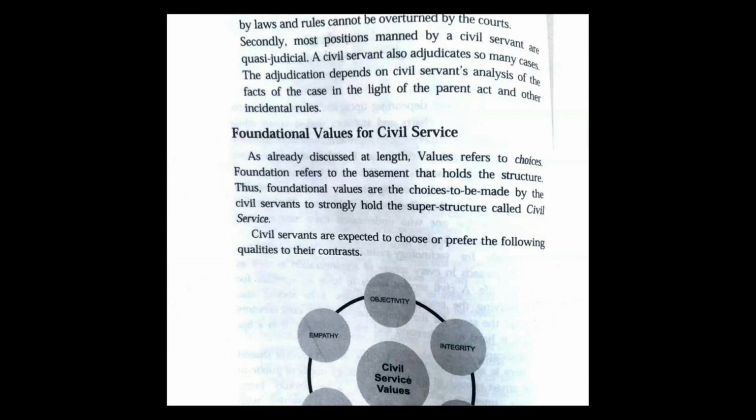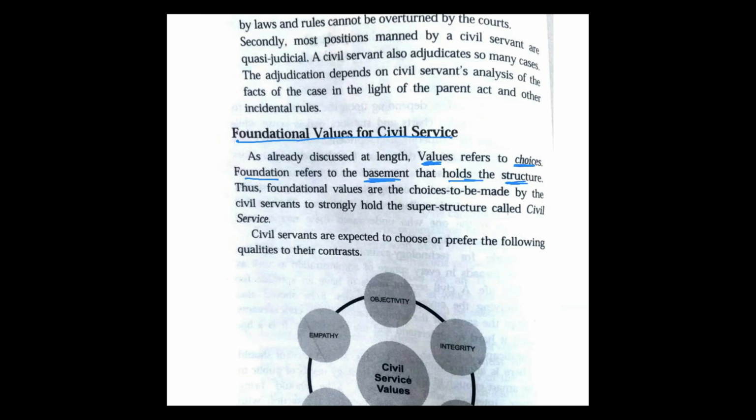Okay. Now coming to the next part, that is foundational values. What are the foundational values? What values you need to hold or practice once you enter the bureaucracy. See, what is a value? Value refers to choices. Foundation refers to the basement that holds the structure.